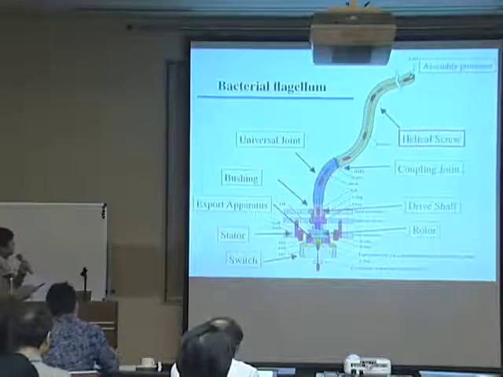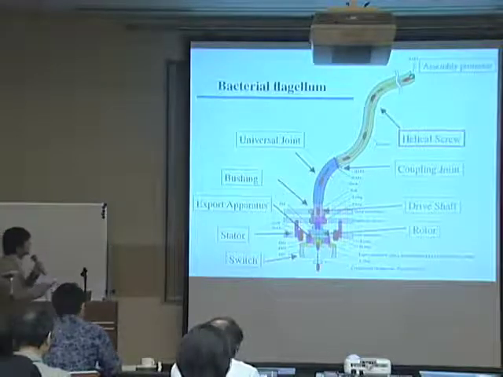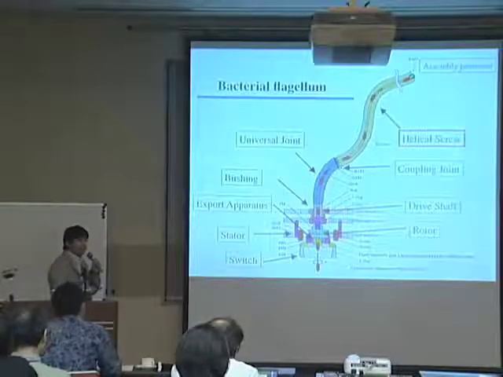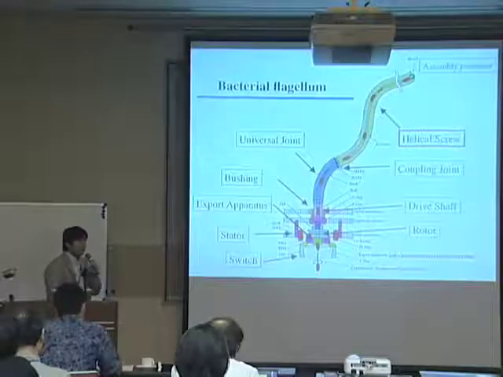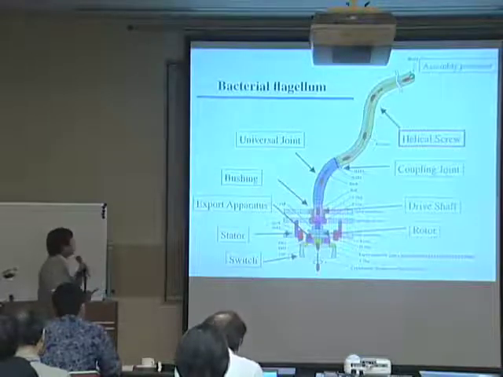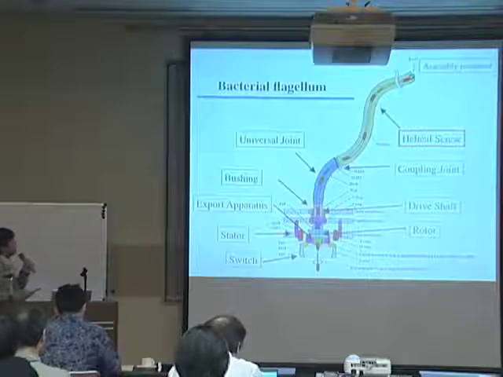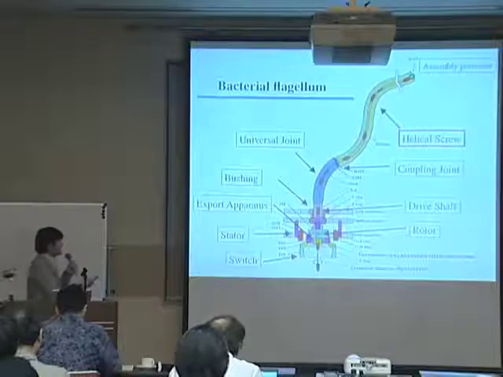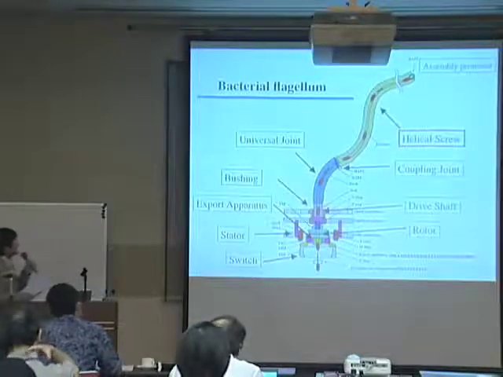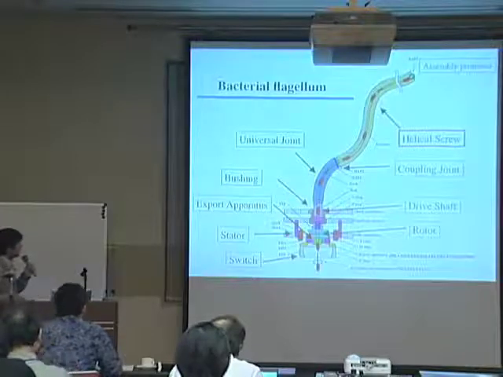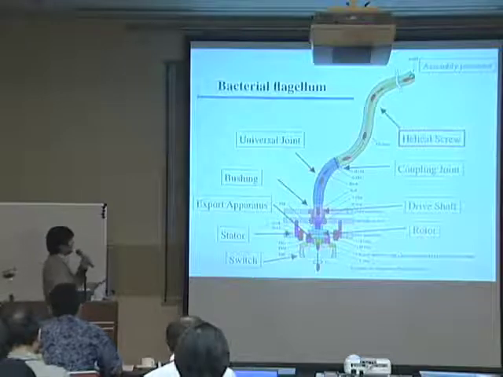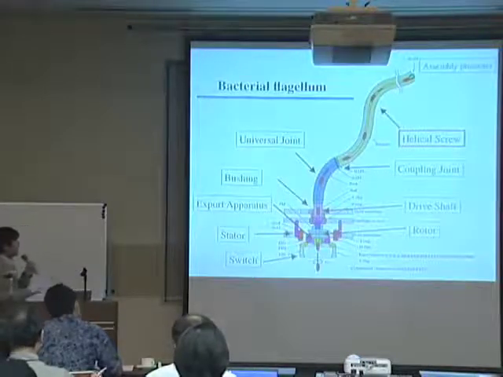The bacterial flagellum is a huge molecular assembly composed of more than 20,000 protein subunits, made up of about 13 different kinds of proteins in this amazing structure. Each part has its own function. The filament acts as a helical screw.